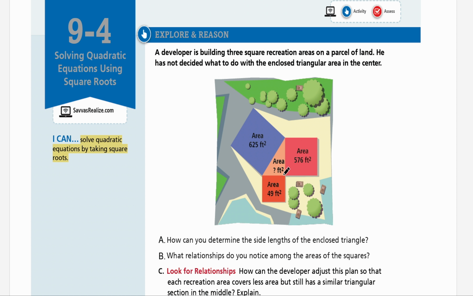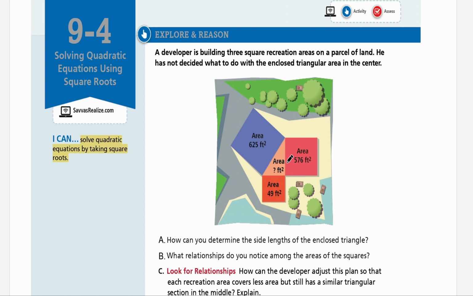So before he decides what to do with this area, I think it's very important to figure out the area, right? If he's designing something and maybe building structures in there, dimensions are very important.